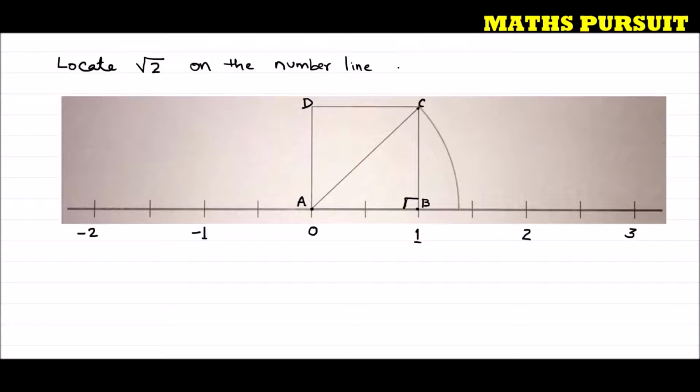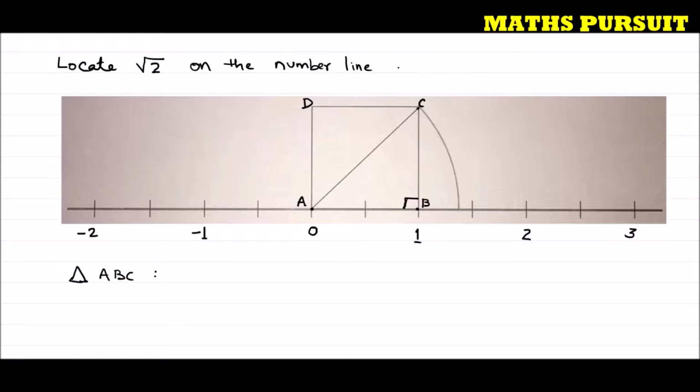Now applying Pythagoras theorem, the Pythagoras theorem says that AC square. Now actually our main intention or main focus is on the right angle triangle ABC.